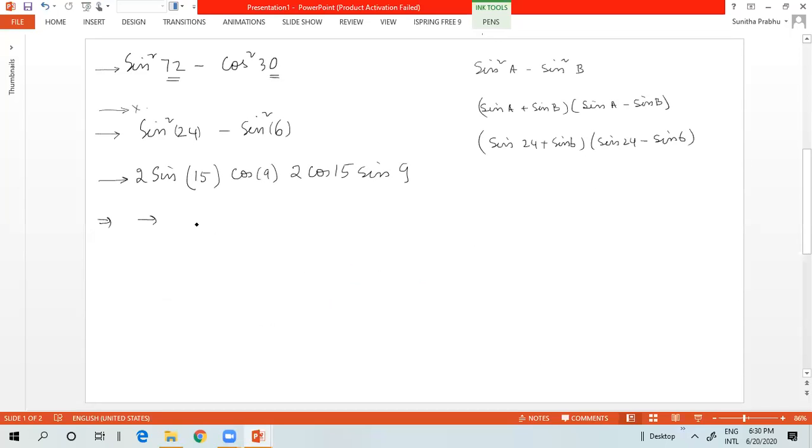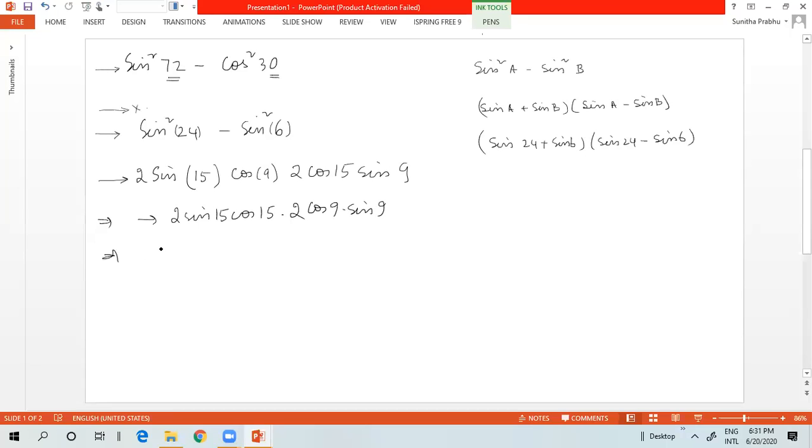So we know 18, right? Very good. So we can say this is 2 sine 15 cos 15 into 2 cos 9 sine 9.